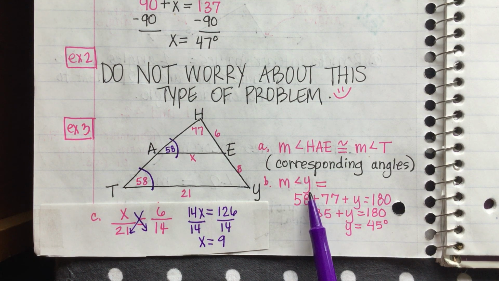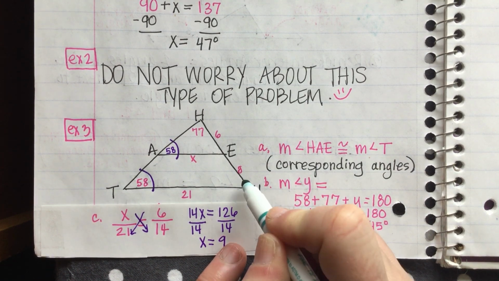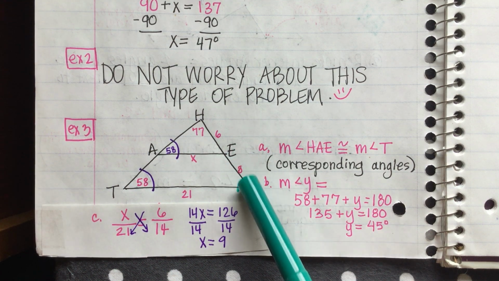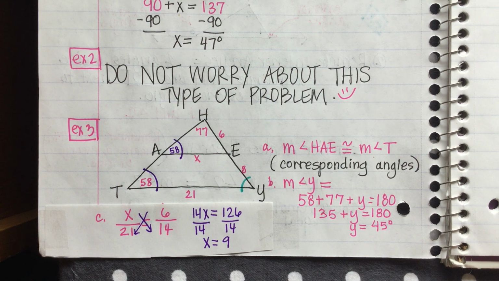For the measure of angle Y, I'm actually looking at this angle right here. And that angle I can find. Now I don't have E, so I can't compare it to the one above it. But what I do know is that all the angles inside a triangle add up to 180 degrees.